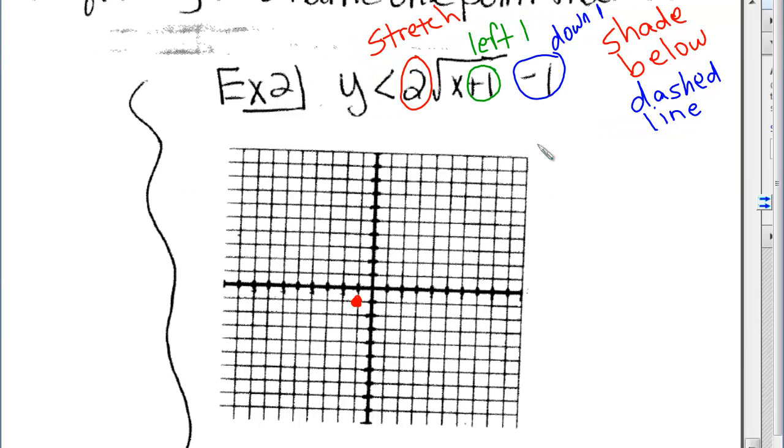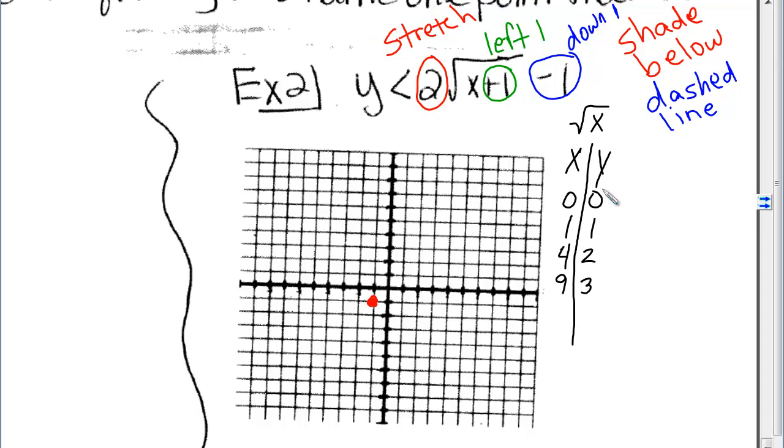Our new point is going to be left 1 and down 1. So we plot that point right here on the graph. And we have a stretch of 2. So go ahead and plot our points for the parent function and then multiply the y values by 2 to get the y movement.